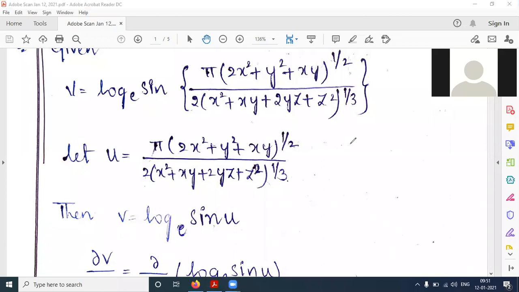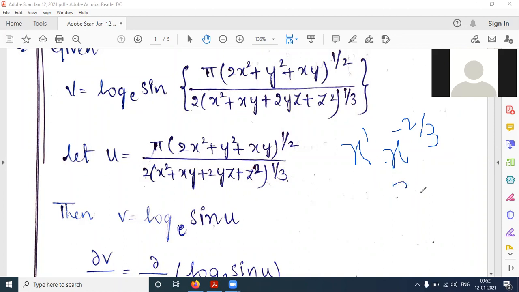This is x to the power of 1, and this is x to the power of minus 2/3. So x to the power of 1 into x to the power of minus 2/3. What happened?